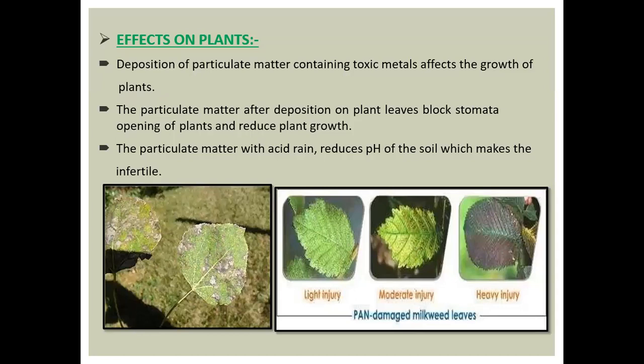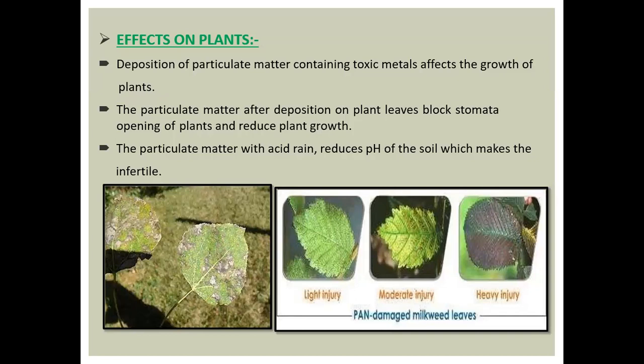Now, effects on plants. Deposition of particulate matter containing toxic metals affects the growth of the plant, right? The particulate matter after deposition on plant leaves blocks the stomata opening of plants and reduces plant growth. The particulate matter with acid rain reduces the pH of the soil, which makes it infertile, right?